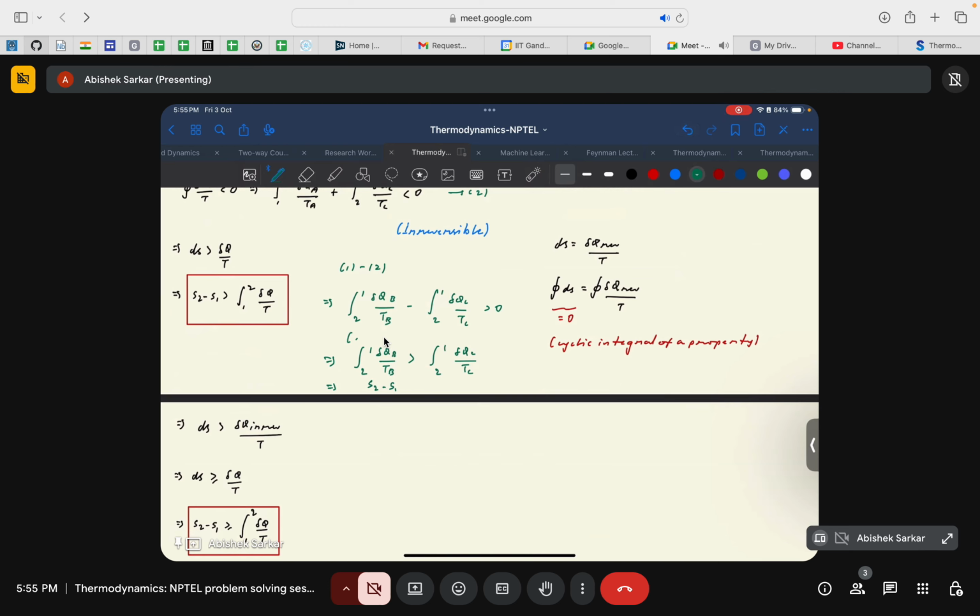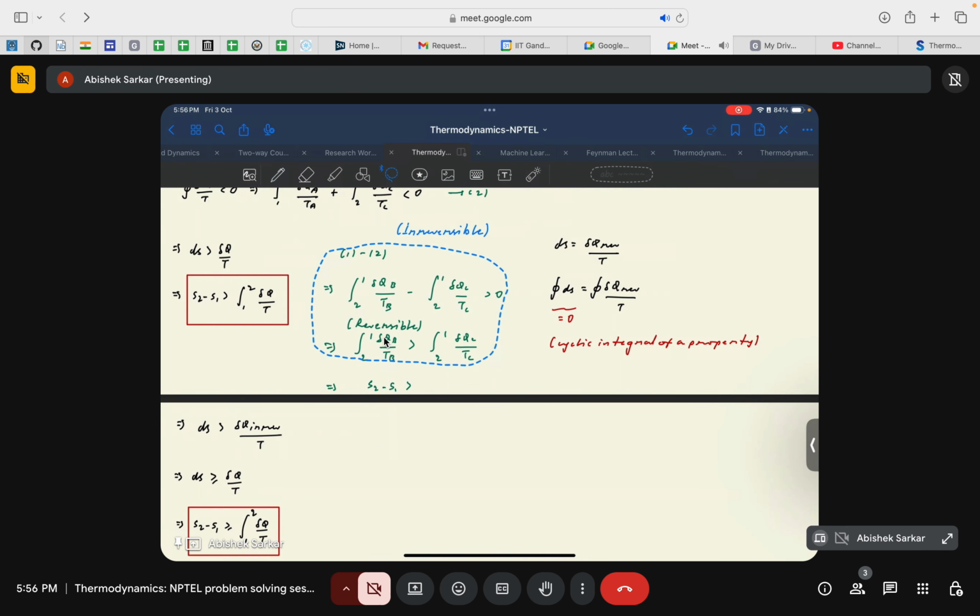So the change in entropy S2 minus S1 is greater than integral of 2 to 1 of del Q by TC. Okay, I hope this is clear now.